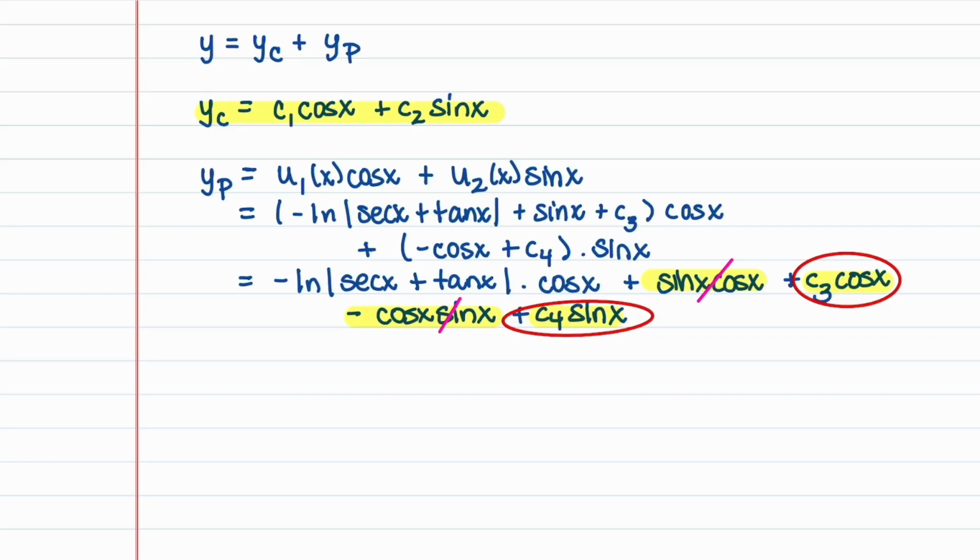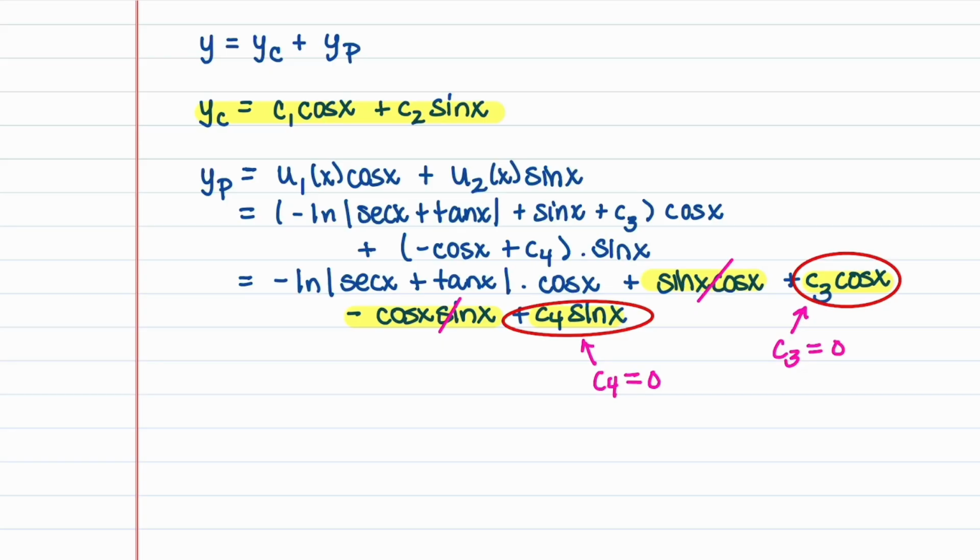So they're not adding anything extra. Because of that, we can just let C3 be equal to 0 and C4 be equal to 0. And that's always going to happen. So from now on, when you do one of these problems and you're integrating, you don't have to add on the constant of integration.